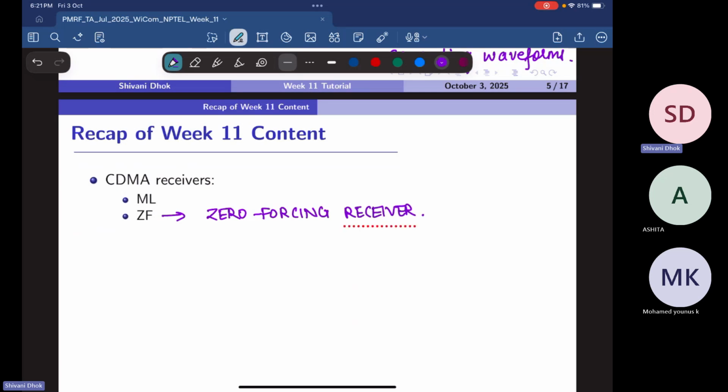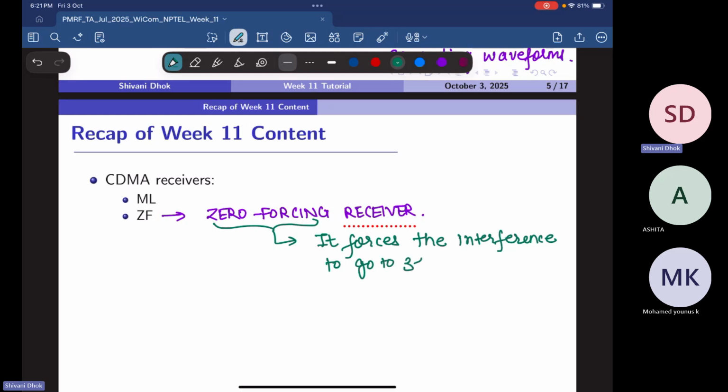The name zero forcing comes from the fact that it forces the interference to go to zero, and it is given by b hat equal to R inverse times your little r vector.